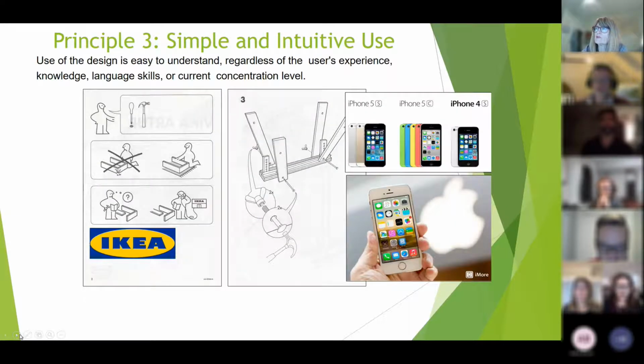And then the third one, it needs to be simple and intuitive. I really like these examples, very sweet, with IKEA and these different touch screens. The use of the design is easy to understand, regardless of the user's experience.